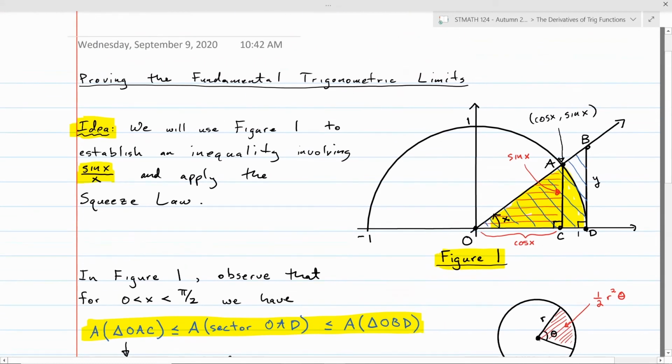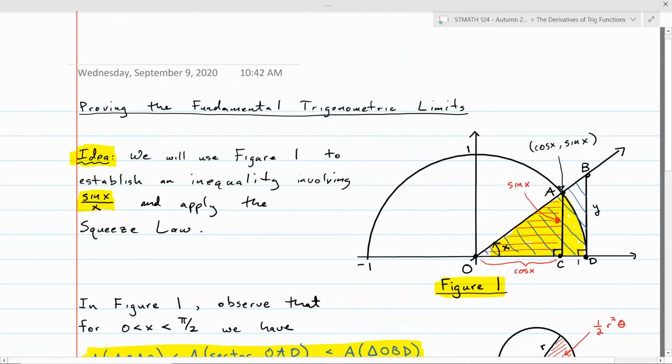And let me find a little place to do a little scratch work here. Notice that in triangle OBD, so I'm writing up here in the upper right-hand part of the page, if I look at tangent of x, remember that's the opposite over the adjacent in a right triangle.